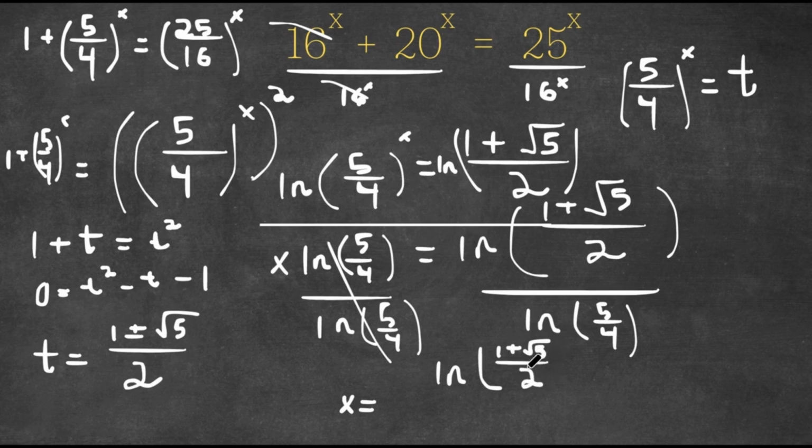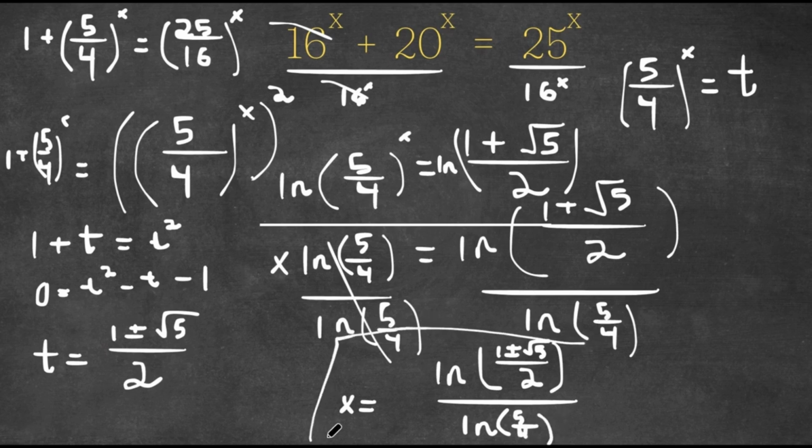This is actually 1 plus or minus the square root of 5 over 2, over ln 5 over 4. So this is our answer.